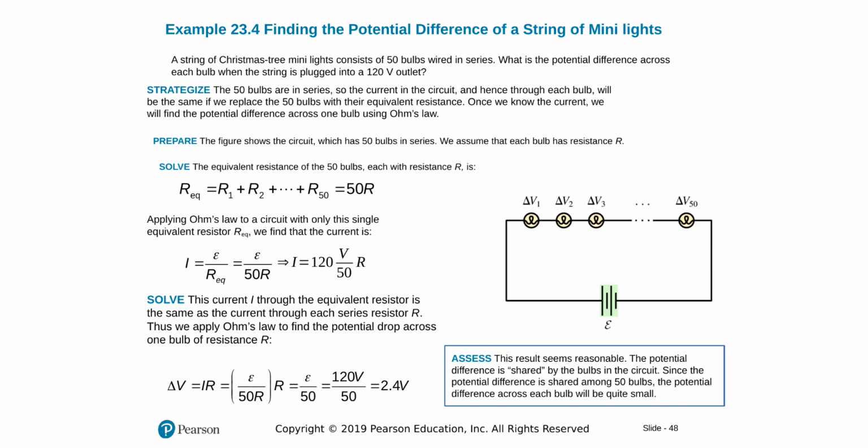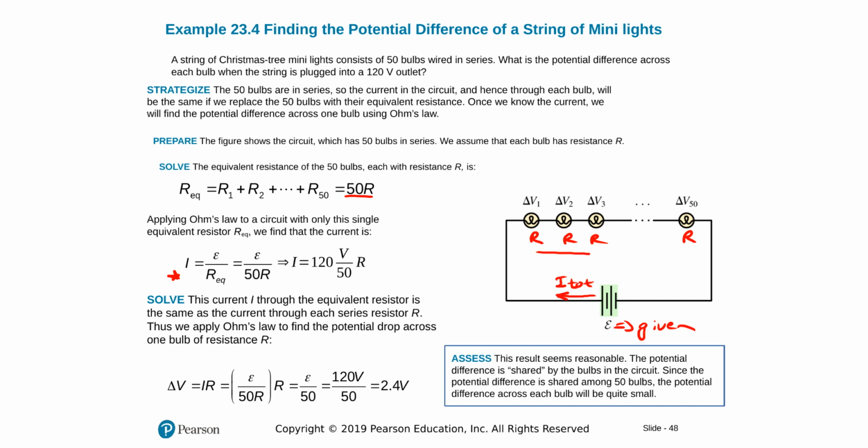This one is a series circuit with 50 equal resistances. So we will add them. 50 times R will be our answer. Epsilon is given. And we find the current passing through the system. Ohm's law. I'll call it I total.